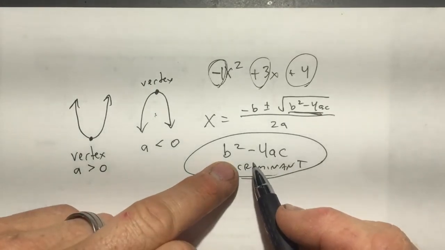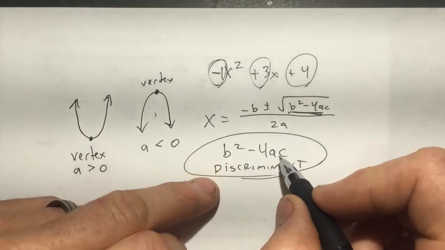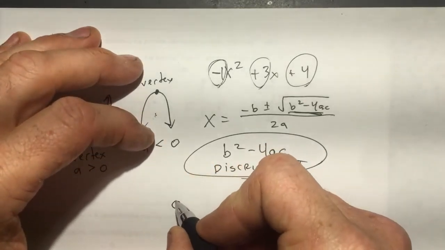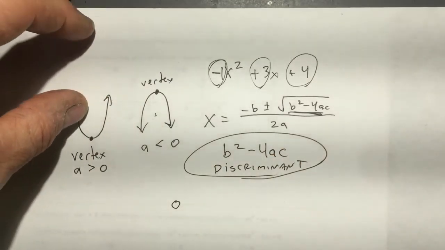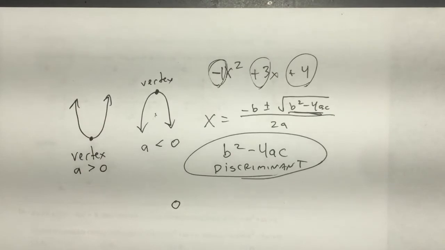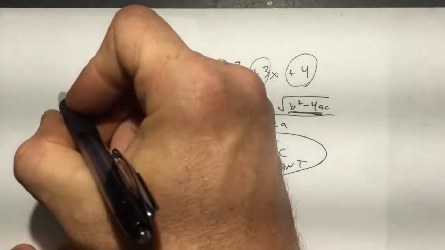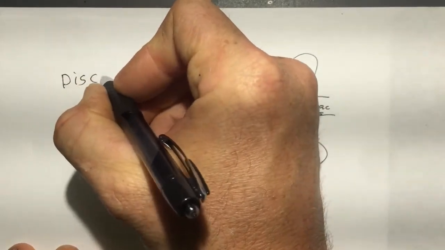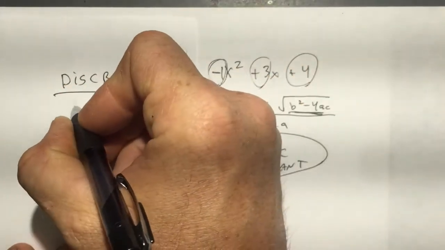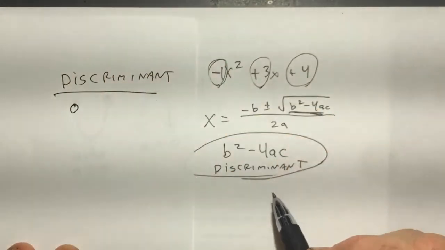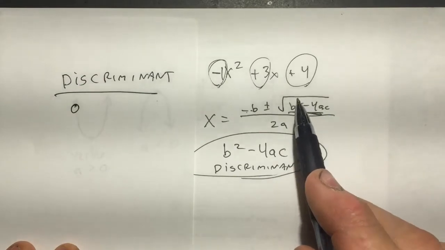If this b squared minus 4ac equals 0, then that means right here you got -b plus or minus the square root of 0, which is 0.